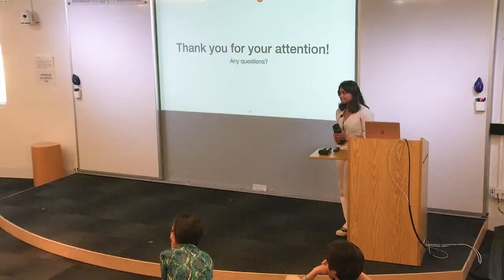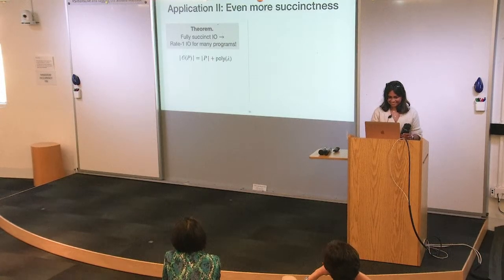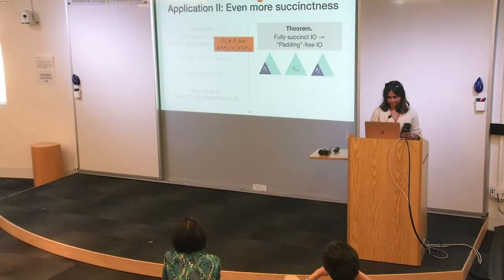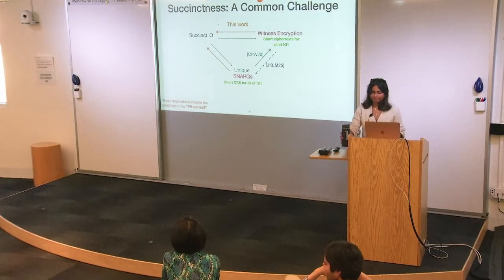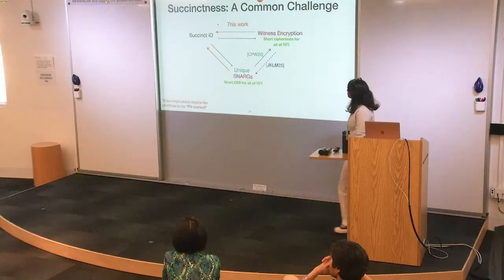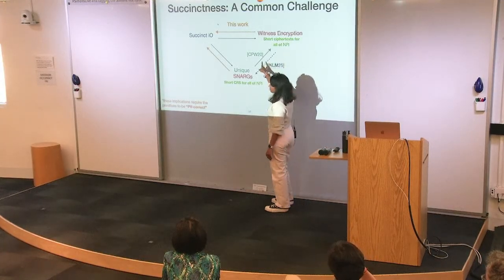Back to your dragon picture. There are more arrows than that. I got the witness encryption to succinct IO, that orange arrow, and then the unique SNARKs, which is from a prior work.